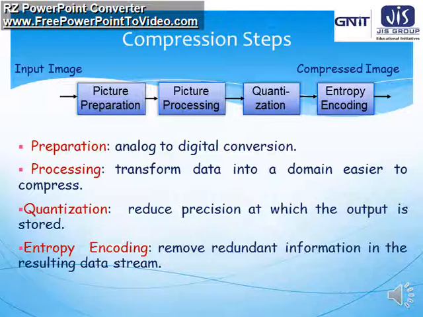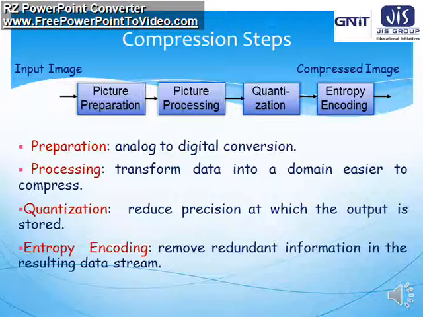Then processing: transform data into a domain easier to compress. So we have to keep in mind that we have to process or transform the data into a particular domain where the compression process is much easier.